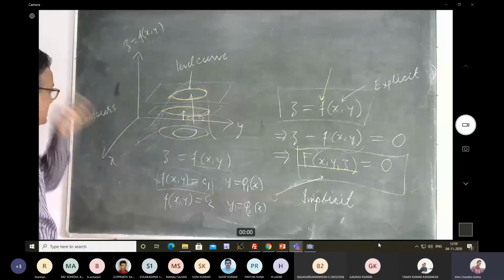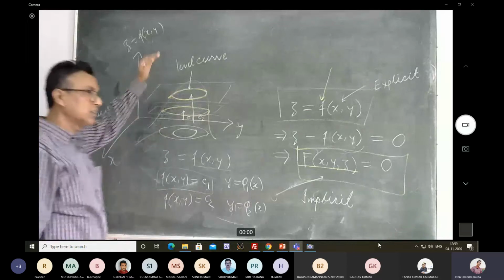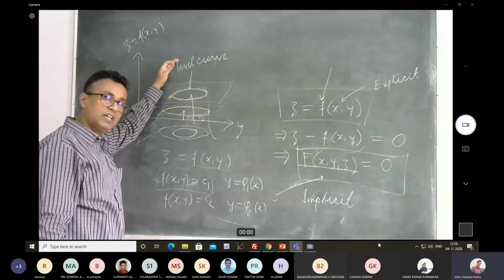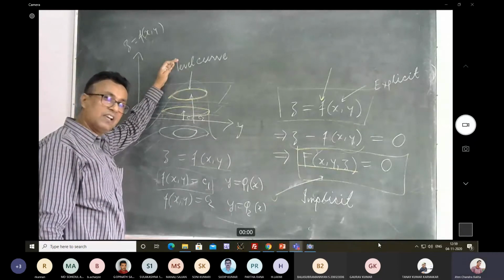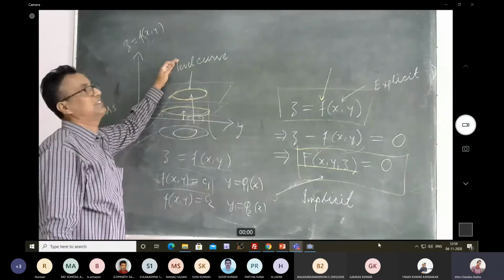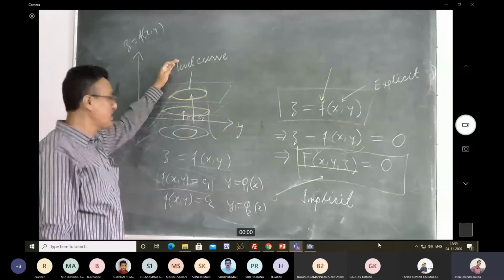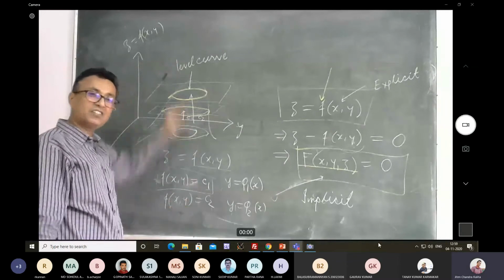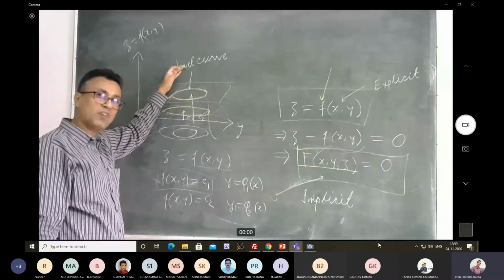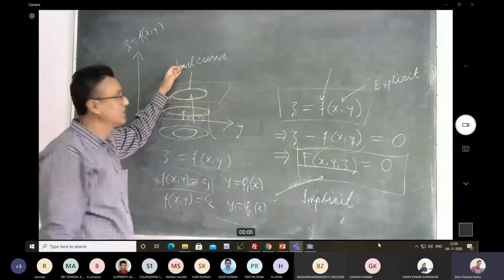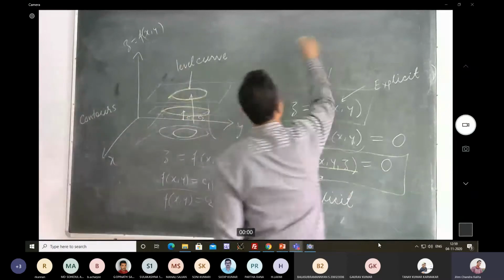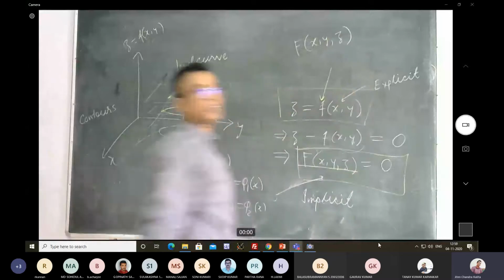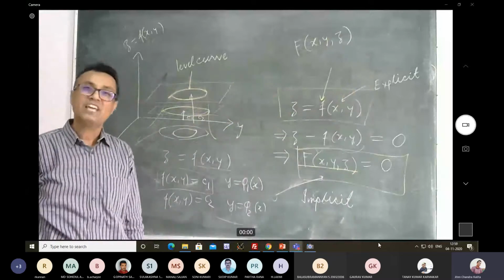So what we get from a three-dimensional surface is level curves, right? And the three-dimensional surface you are getting from a function of two variables, right? Now, if I take a function of three variables, say f of x, y, z, can you visualize it?